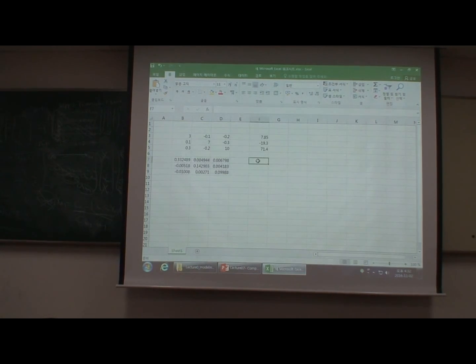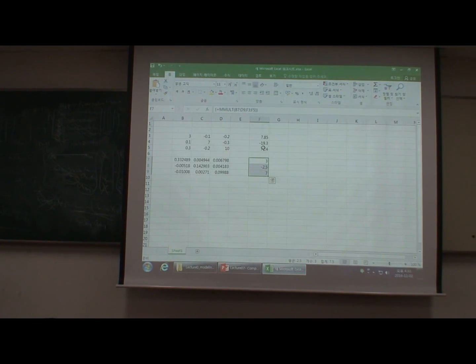And then I want to calculate MMULT, because I want to multiply everything with this, and then this is my solution: 3, minus 2.5, 7.